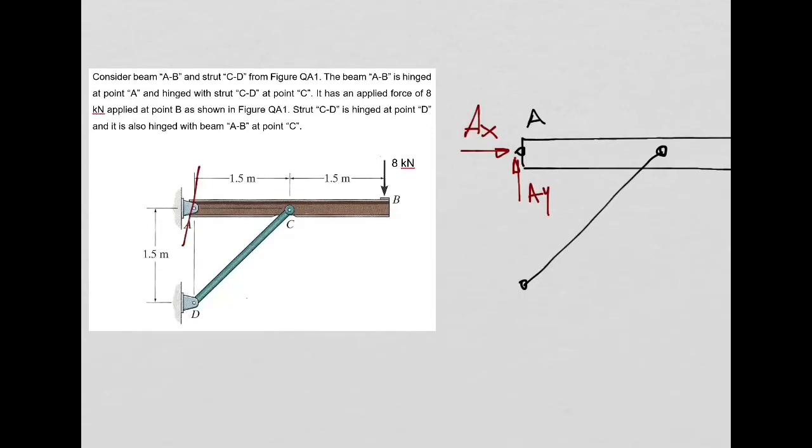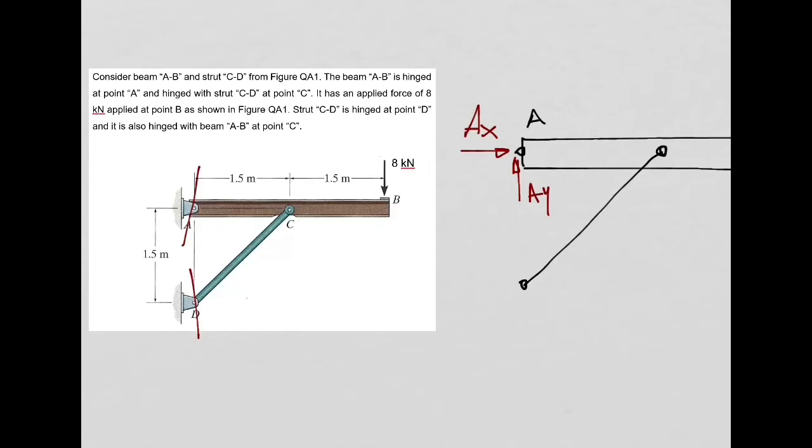In order to isolate this structure, I also had to cut this support or remove this support at point D. And then if I remove the support, I need to replace the support with the reactions. But you know you have a strut here, and you know that the only reaction you can have in this strut is a force in the axial direction of the strut.